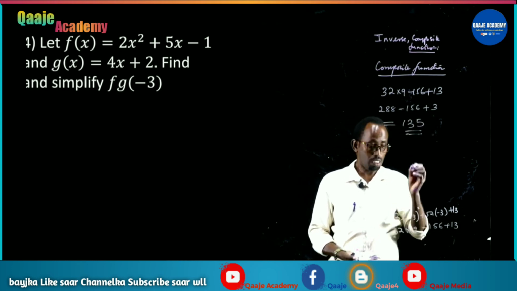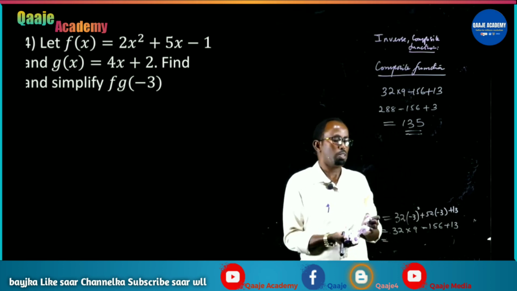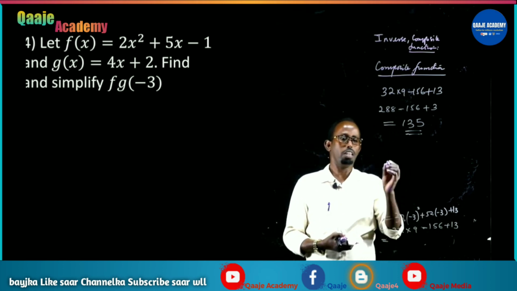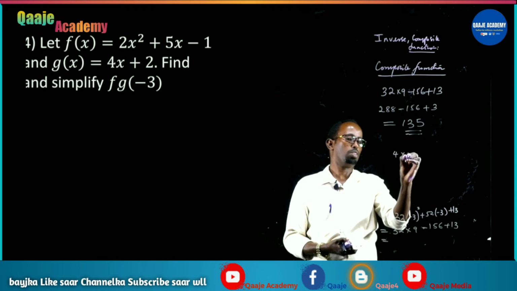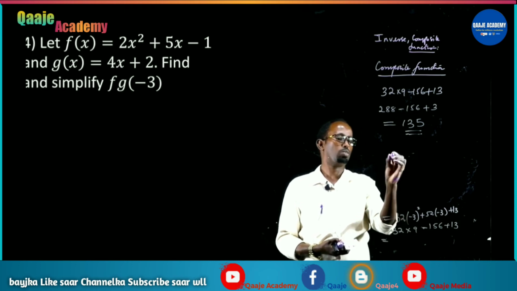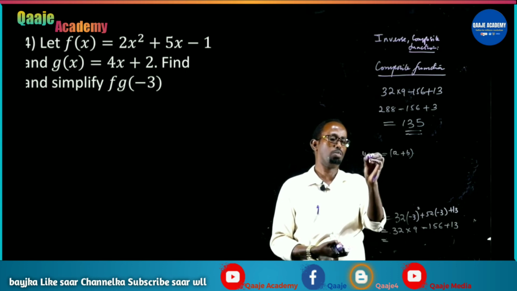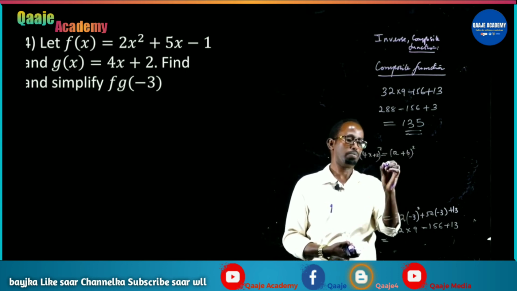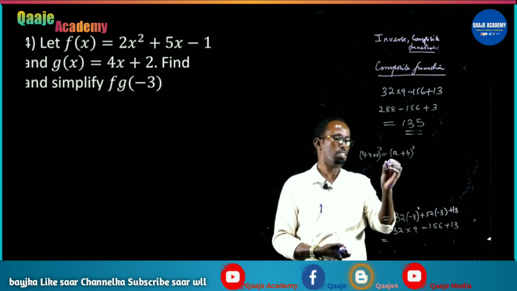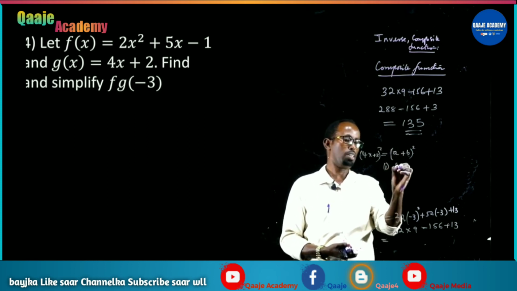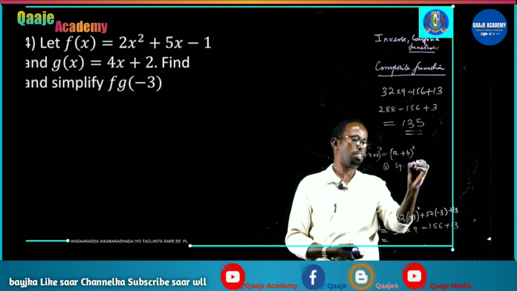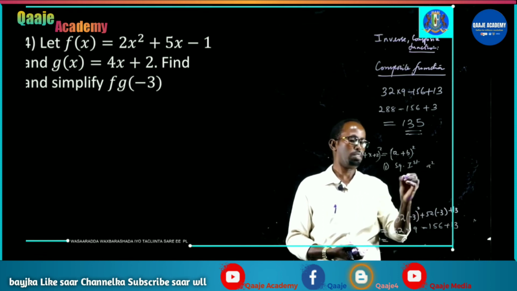Now, if you want to multiply, for example, 4x plus 2, or a plus b, in brackets squared, there are 3 stages. You first of all square the first number, that will be a squared.